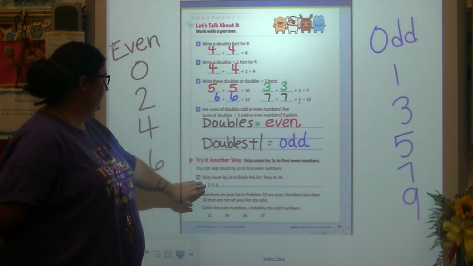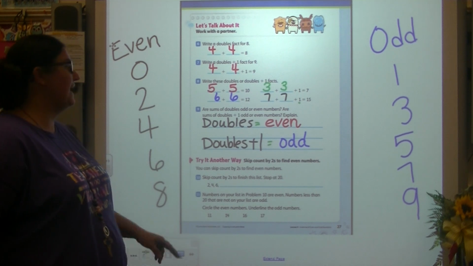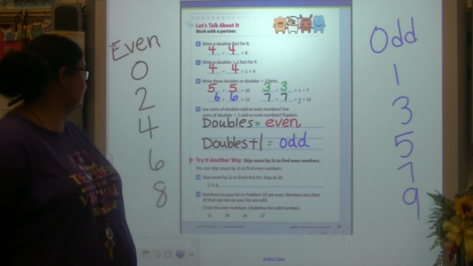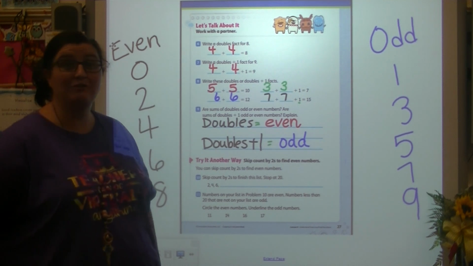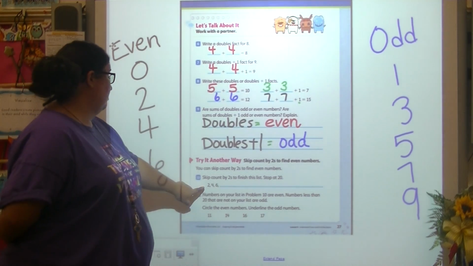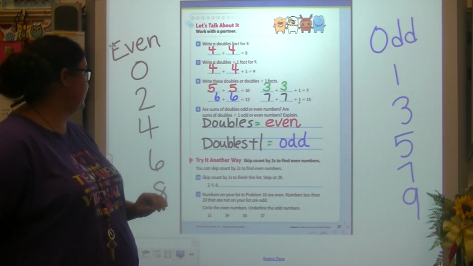Okay. Now, try it another way. Skip count by 2s to find even numbers. So skip counting by 2s will get your even numbers. Skip count by 2s to finish this list. Stop at 20.